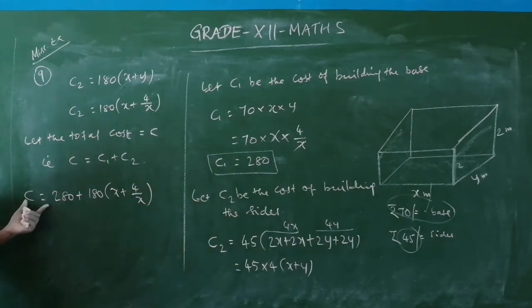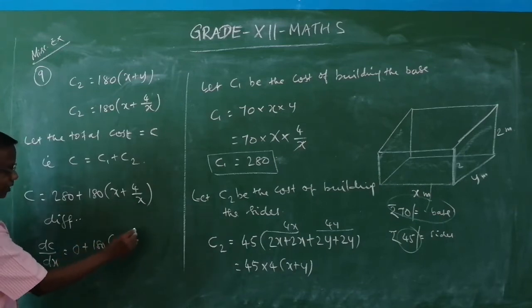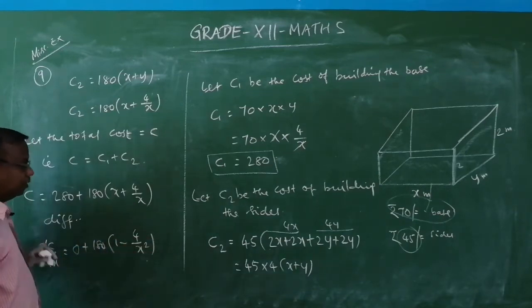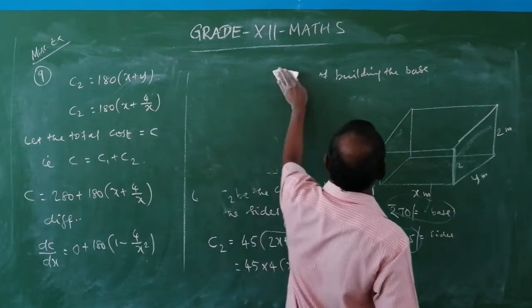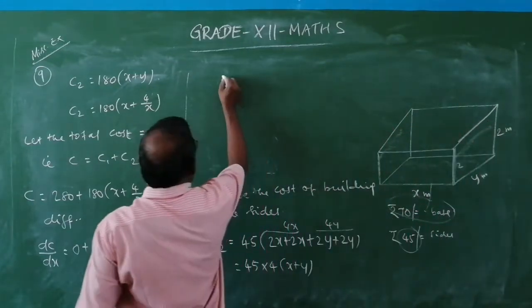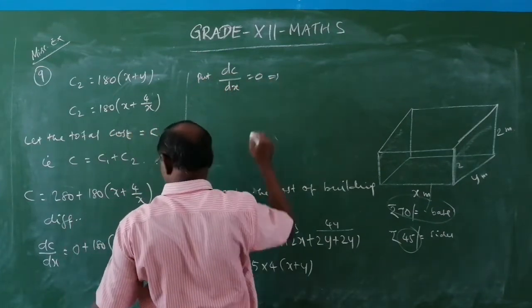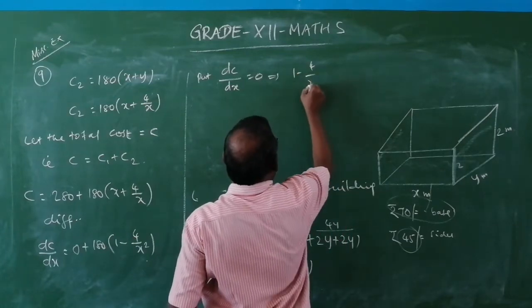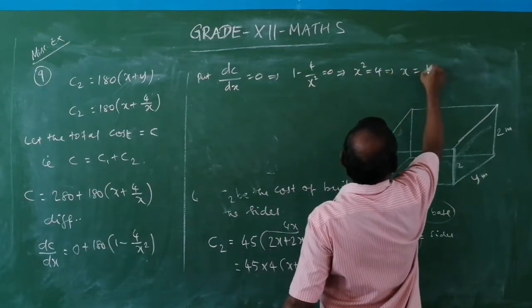So C is a function of x, therefore differentiating C with respect to x, we have dC/dx = 0 + 180(1 − 4/x²). For maximum or minimum, we put the first derivative equal to 0, so put dC/dx = 0. So 1 − 4/x² = 0, which gives x² = 4 or x = ±2.